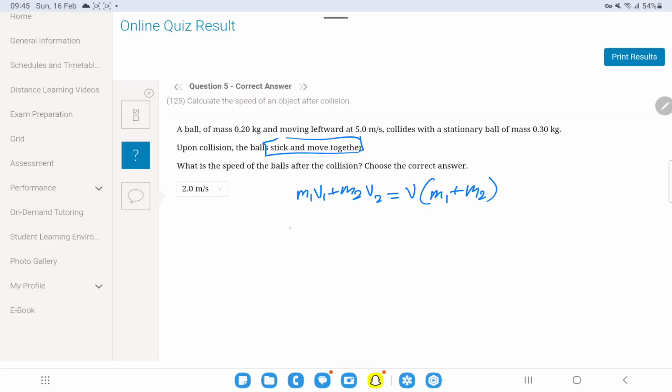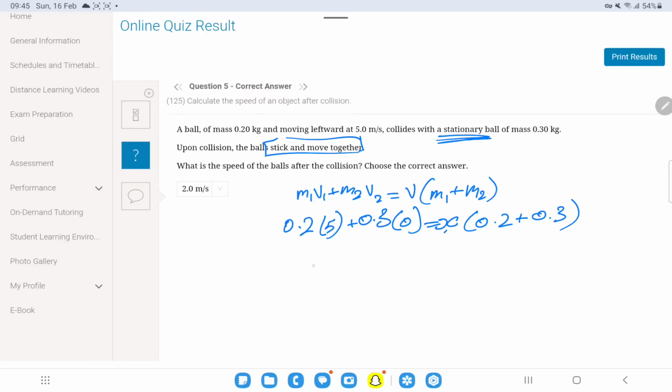So I have m1 is 0.2 and it's moving with speed of 5, plus m2 0.3 and it is stationary, so speed is 0, equals v. We want to find it, so x, times m1 0.2 plus m2 0.3.